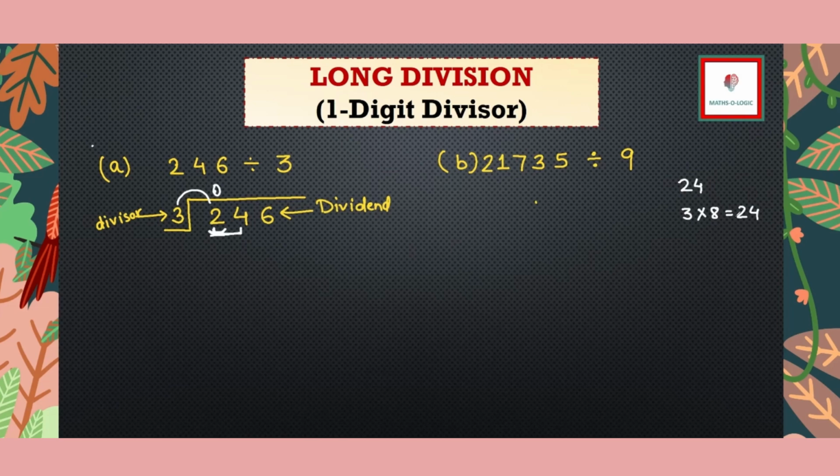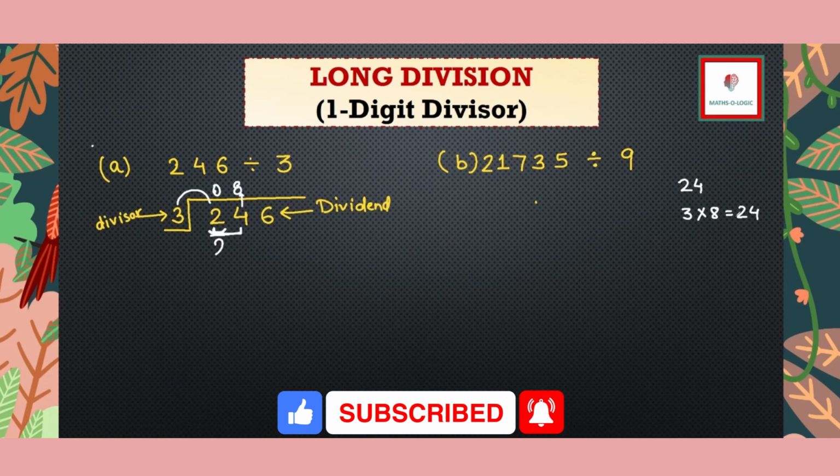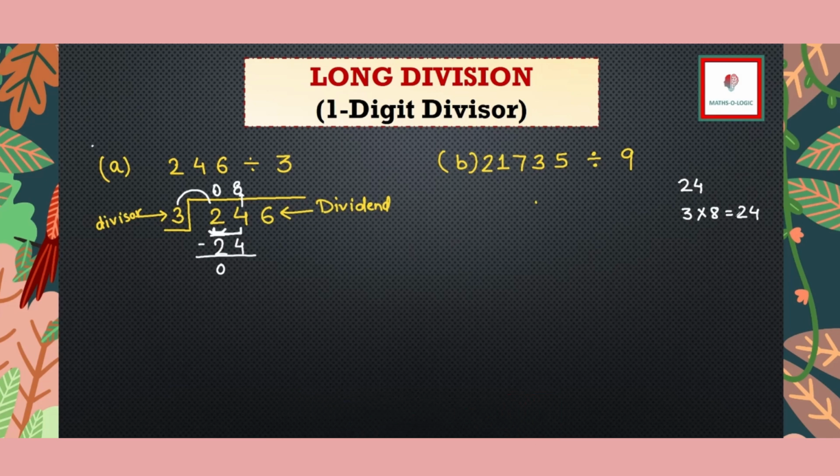Now I will write my quotient, the number that is multiplied by 3. This is 3 times 8. So 3 times 8 is 24. Now I get 0 and 0. The leftover number is 6. I will carry this down, and let's see when 6 comes in the 3's table.